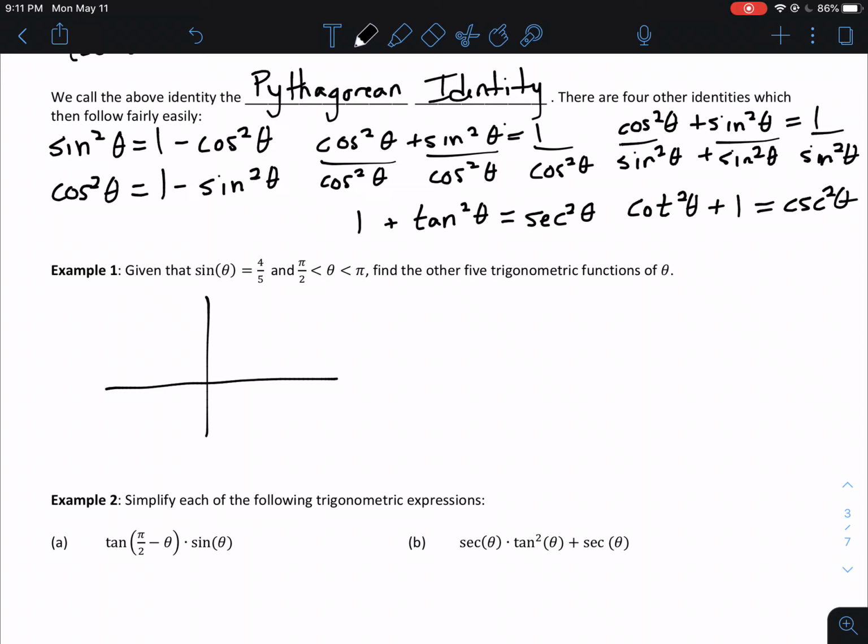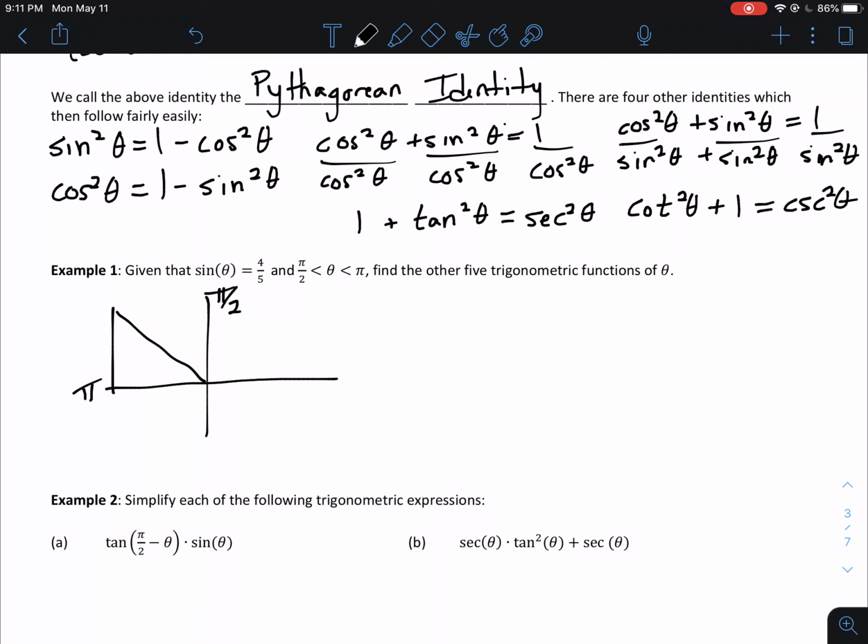So it tells us that our angle theta is somewhere between pi over 2, which remember is the same as 90 degrees, and pi, which is 180 degrees. And we don't know what our angle is, but it's somewhere in this quadrant here. And so we've got sine of our angle theta is equal to 4 over 5.